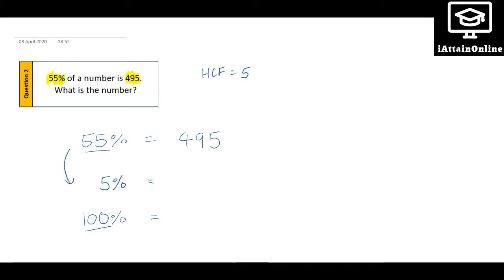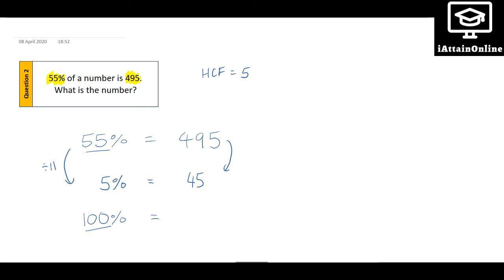To get from 55 to 5, I'm dividing by 11. Whatever you do to one side, you also need to do to the other. So I'm going to do 495 divided by 11, and that tells me that 5% of this original number was 45.